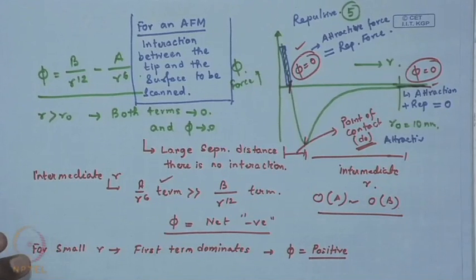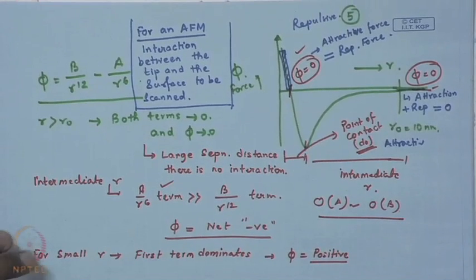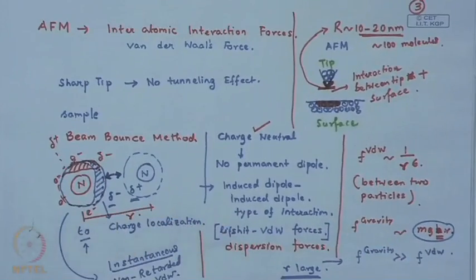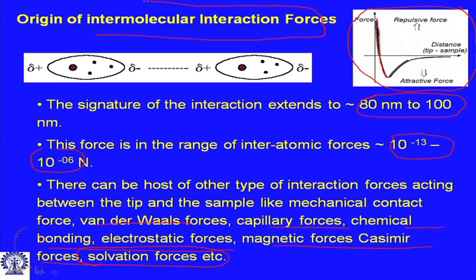So, I guess we do a quick recap on this potential curve. We just introduced the concept of induced dipole type interaction, known as the van der Waals forces, also known as the intermolecular interaction. This type of interaction is the most fundamental form and is present even in molecules which do not have any permanent dipole, including charge neutral molecules.